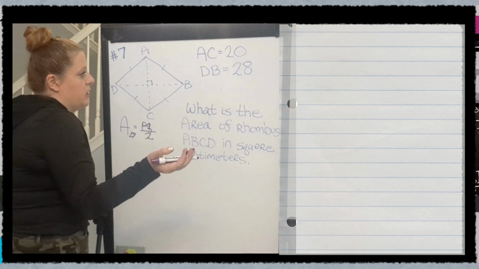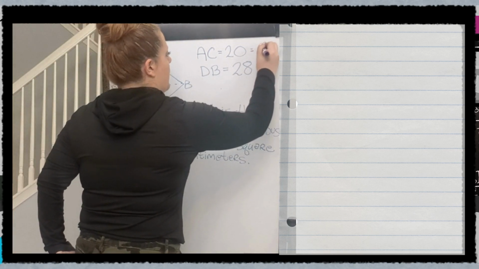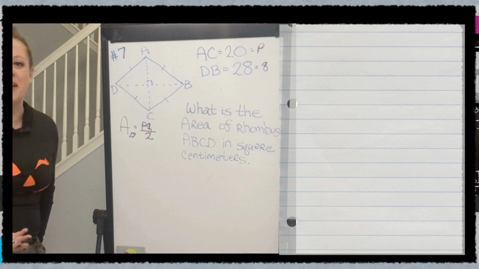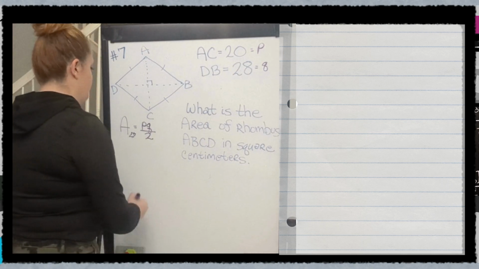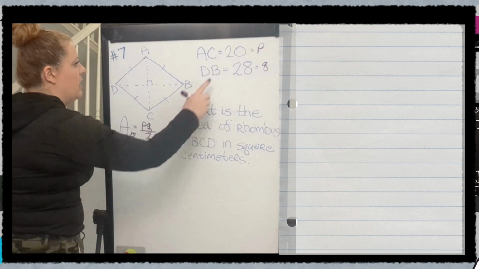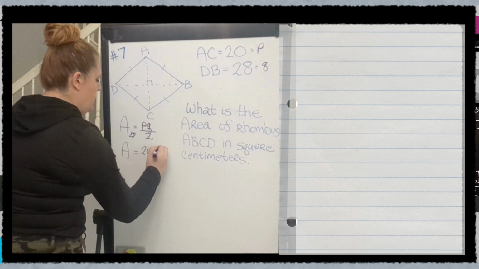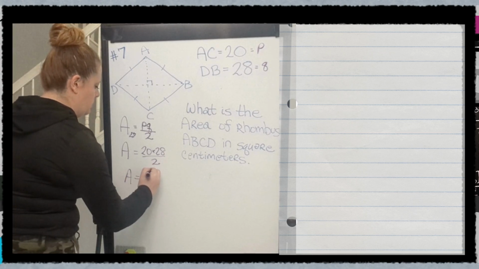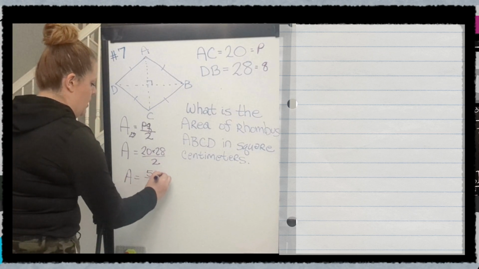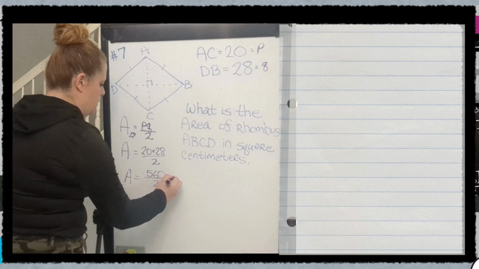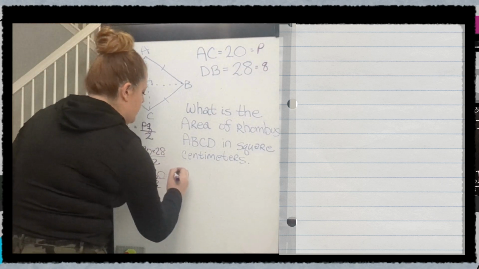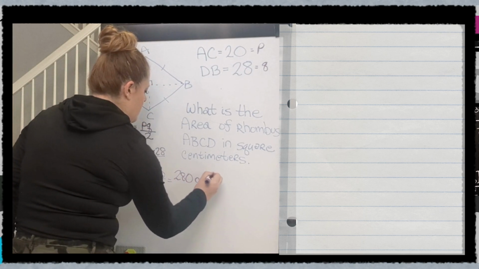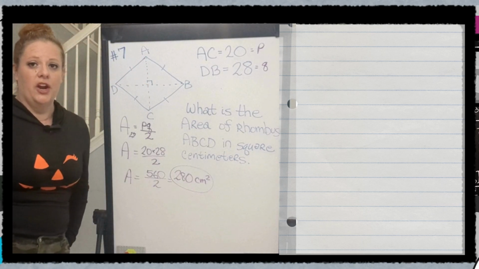They call them P and Q. So all we have to do, and yes, excuse me, that's how I write my Q's. Deal with it. Our area is 20 times 28 divided by 2, or 560 over 2, which comes out to 280 centimeters squared.